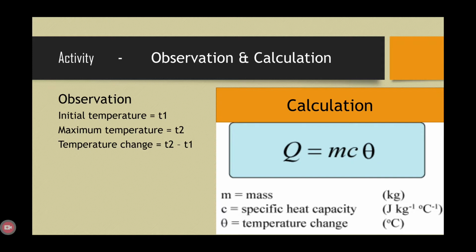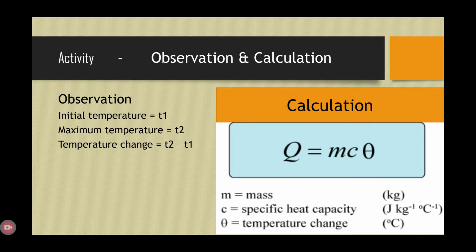Then we have to calculate the heat change using this special equation. Q equals m c theta. Q is heat change, m is mass, c is specific heat capacity, theta is temperature change. Specific heat capacity is a constant value for water.